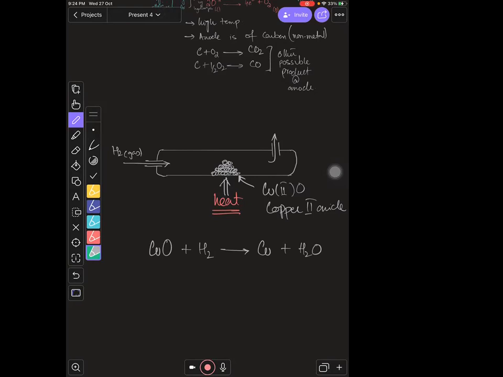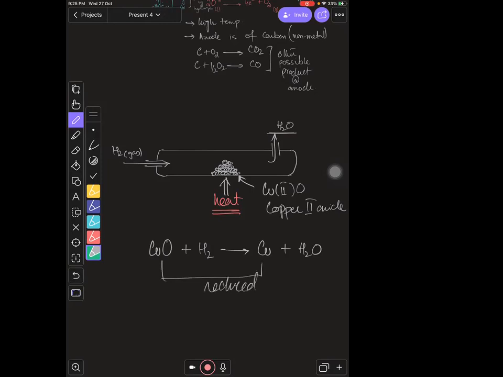So this is the reaction that is going to happen over here. Now after some time, you will see that water molecules are eliminated from here. This is the most important reaction you need to remember. Okay, and definitely it is the reduction, removal of oxygen.